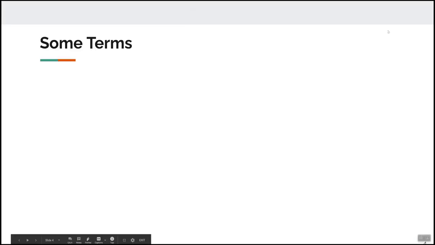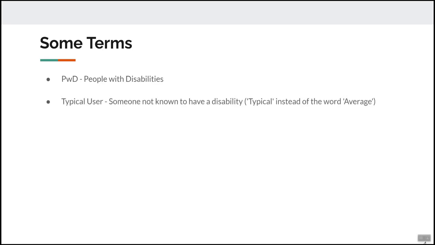Let's take a look at some terms that we'll be using throughout this presentation. PWD stands for people with disabilities. Typical user, someone not known to have a disability. The word typical is preferred over the word average, just because average doesn't really exist. WCAG, Web Content Accessibility Guidelines.